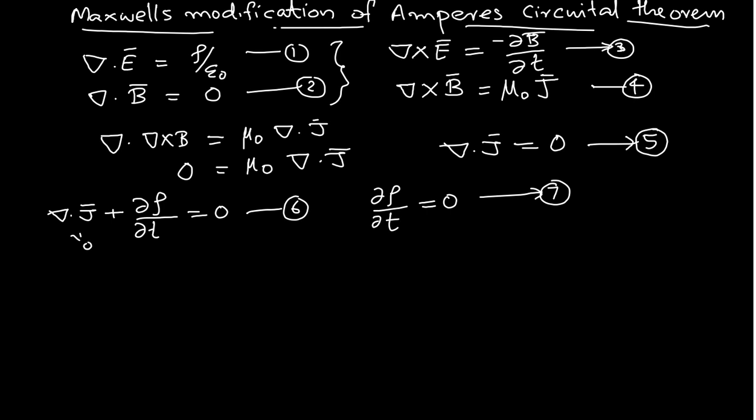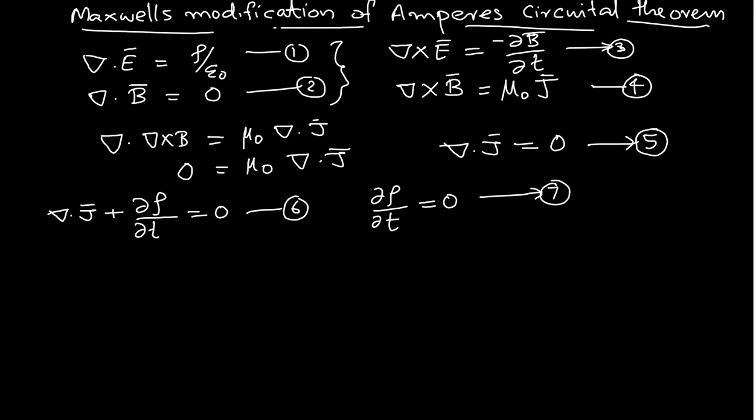On substituting equation 5 in 6, dou rho by dou t equal to 0. This means that the charge density rho is a constant with respect to time.